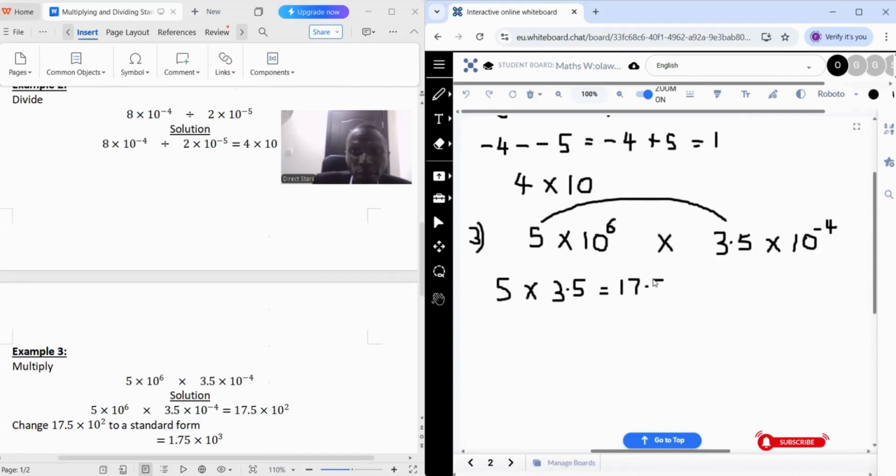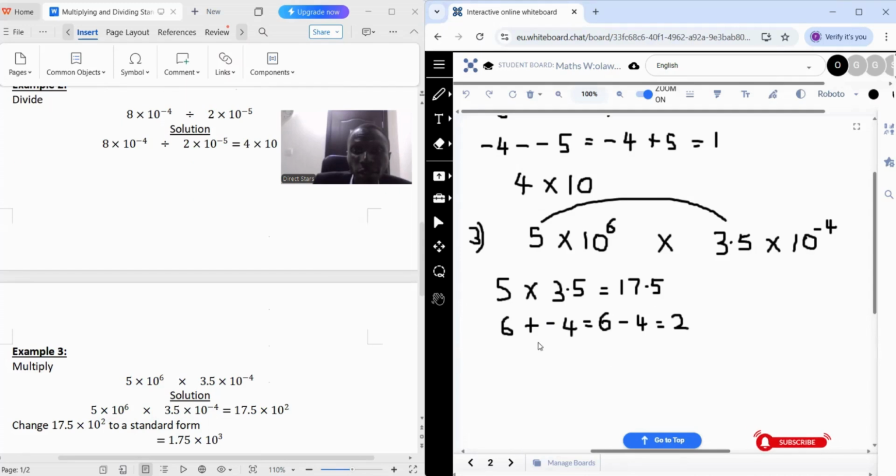Then for the powers, we are finding the sum. So the multiplication changes to plus, and we have 6 plus minus 4. Plus times minus gives us minus, so this is 6 minus 4, and that's going to give us 2.